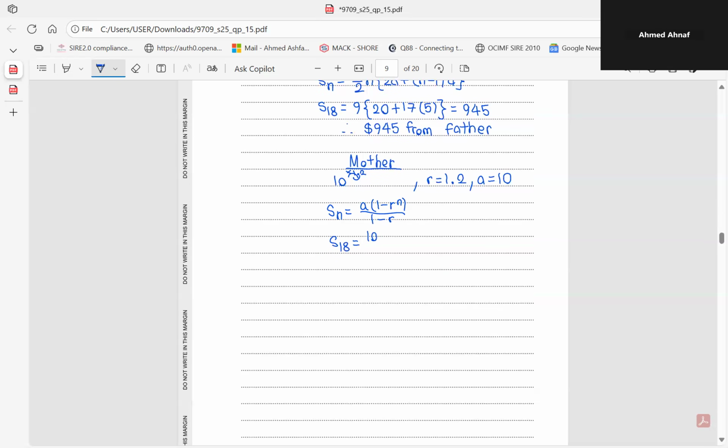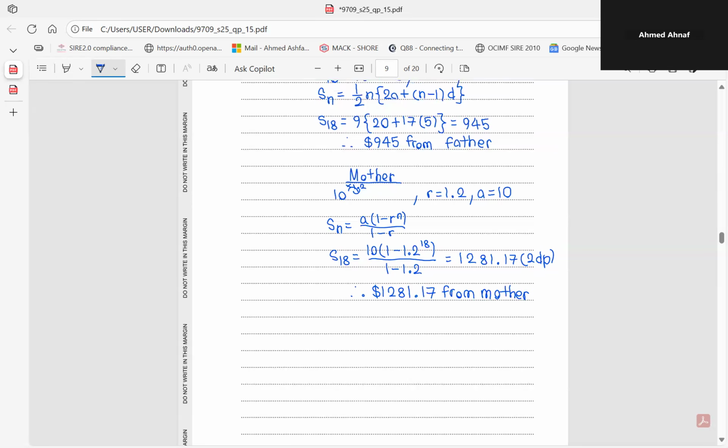So this is a times 1 minus 1.2 to the power of 18 over 1 minus 1.2. You just type it into your calculator. You would get 1281.17 to two decimal places because this is money. Okay, so hence she gets $1,281.17 from her mom.